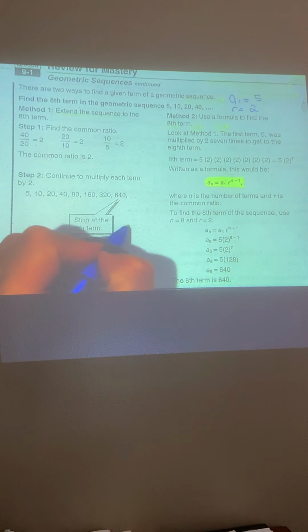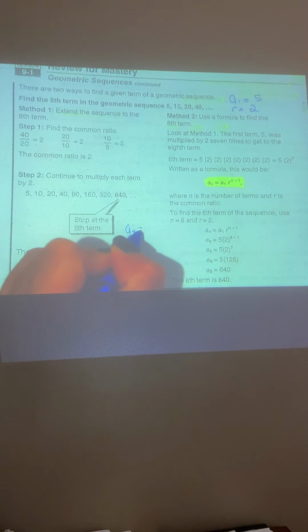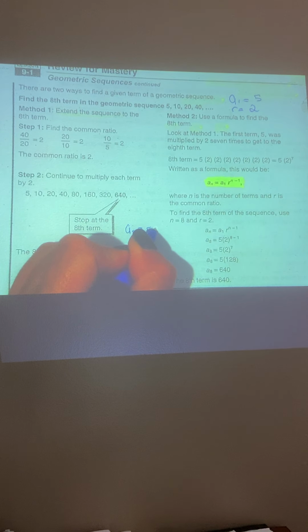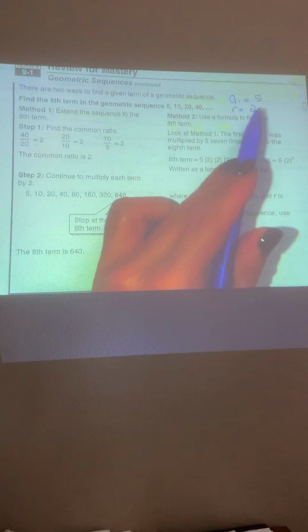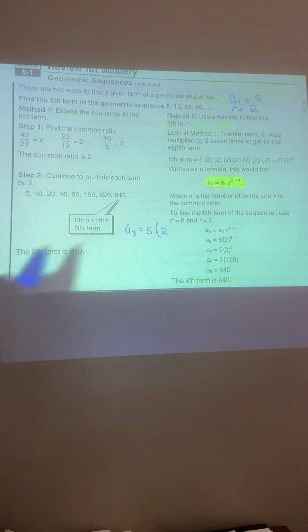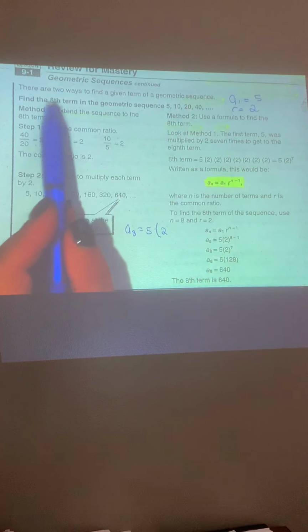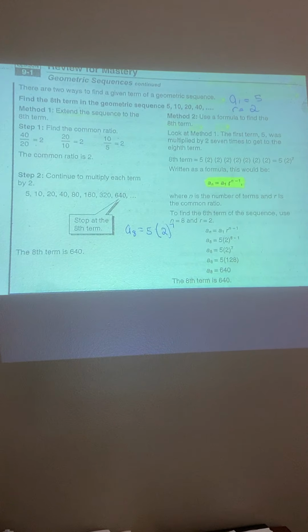So a to the 8 equals first term is 5, times r. R is 2. That's the common ratio. Now, n minus 1. N minus 1 means 8 minus 1. So 8 minus 1 is 7.